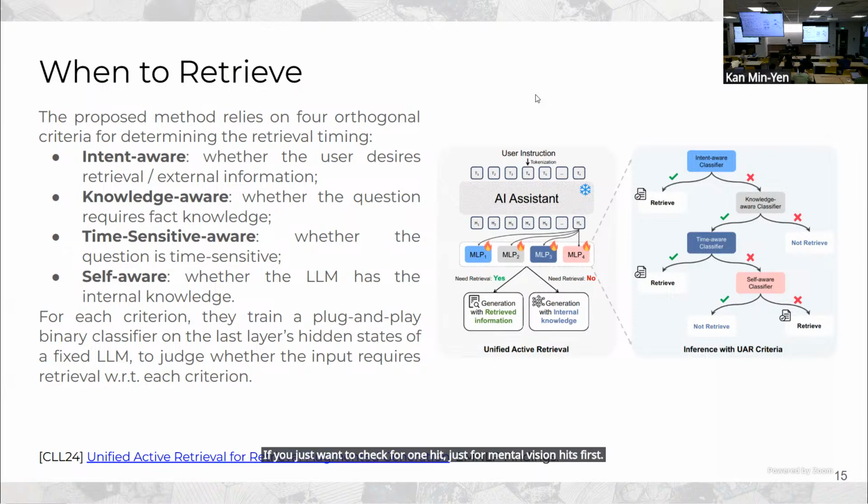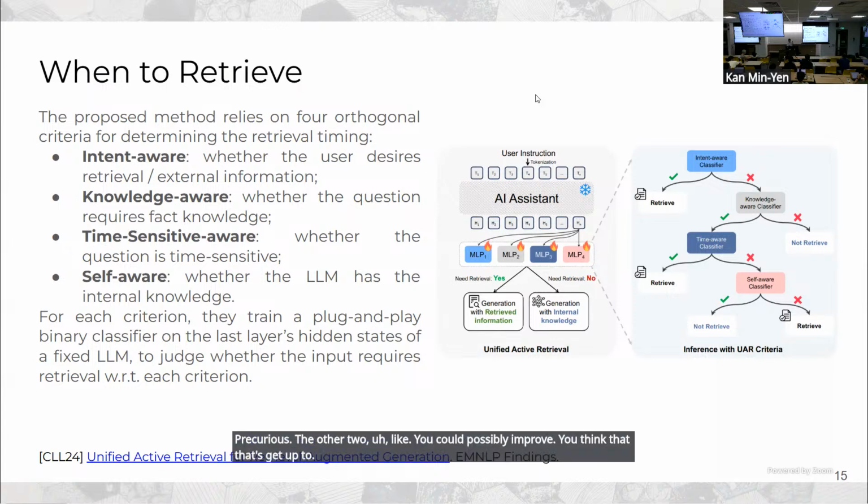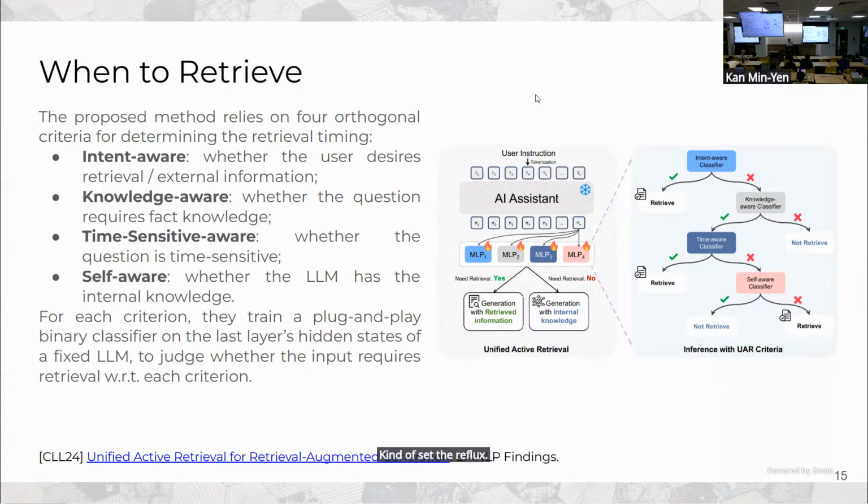For this question, the order does not matter, but it affects the efficiency. If you want to improve the efficiency, you have to understand the hit rate corresponding to each classifier.